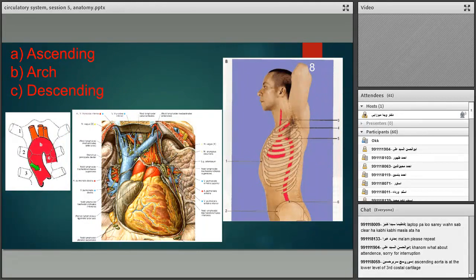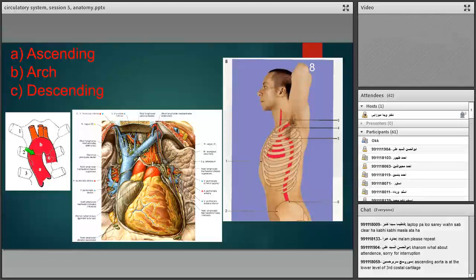So the ascending aorta, we said it's just 5 centimeter in length, and its branches are just the right and left coronary arteries.